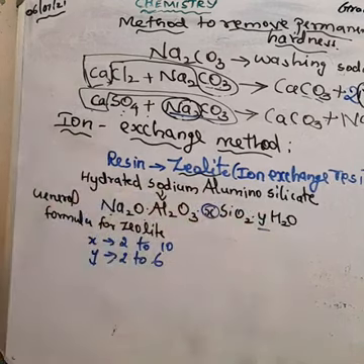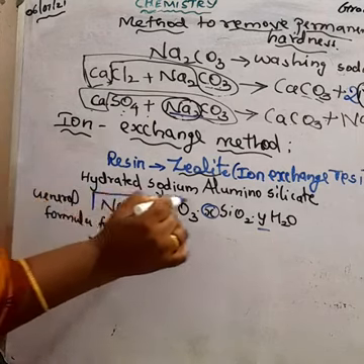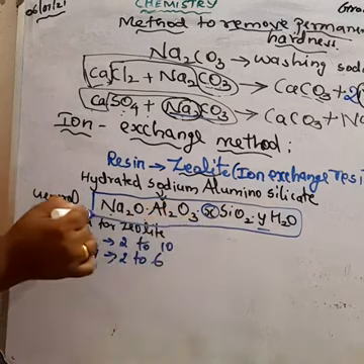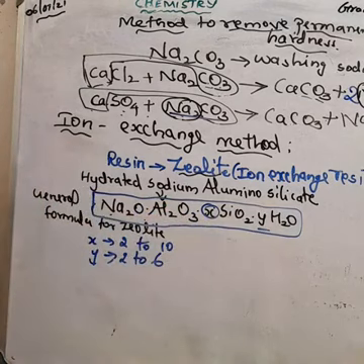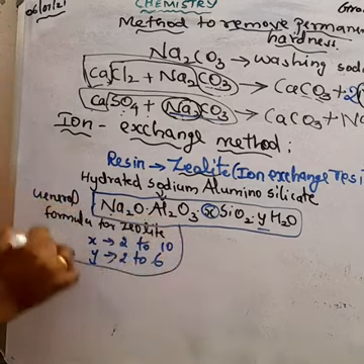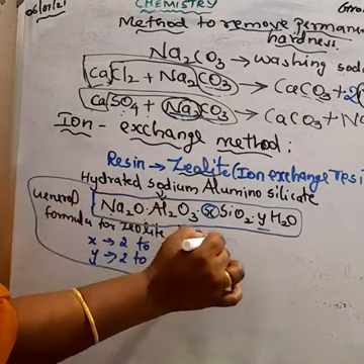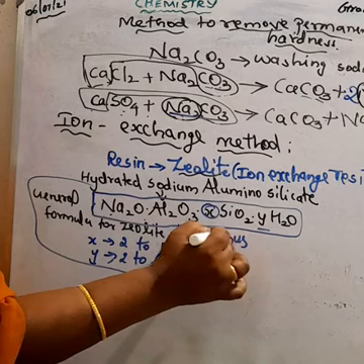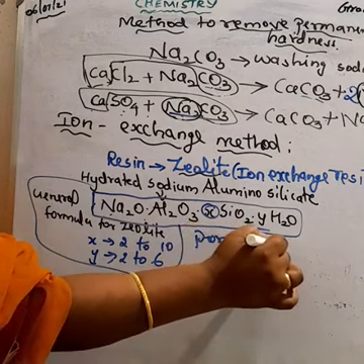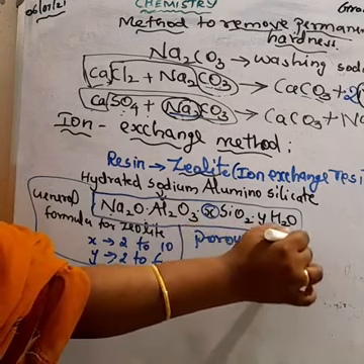So here, what is the formula for zeolite? General formula Na2O, Al2O3, X SiO2, Y H2O. Understood? The zeolite is one of the porous structures in which the monovalent sodium ions are loosely held and can exchange with the metal ions producing hardness in water.